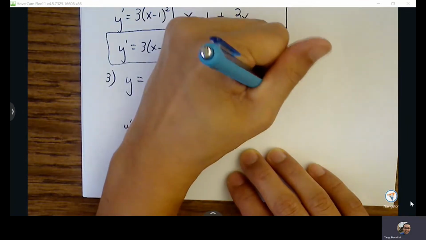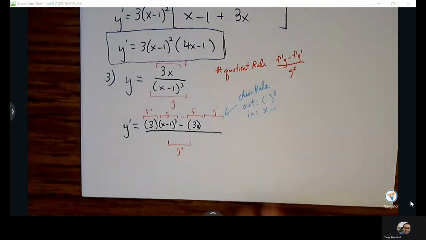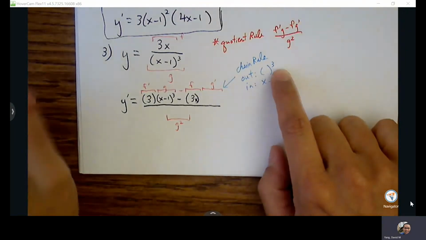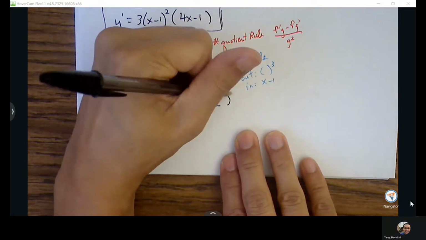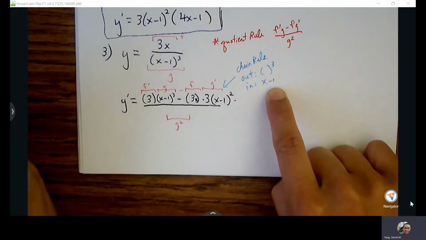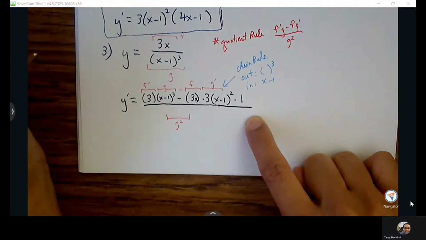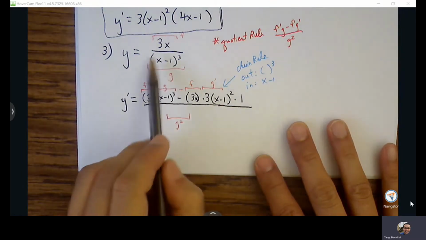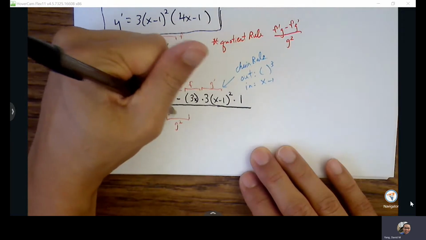Outside is the parentheses cubed. Inside is the x minus 1. Outside's derivative first, times the inside function's derivative, x minus 1 becomes 1. All over denominator squared. So what's going to happen if I do the denominator squared? What is that going to turn into?